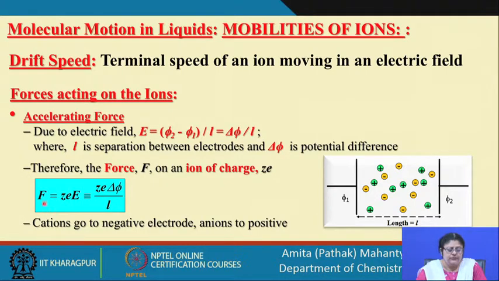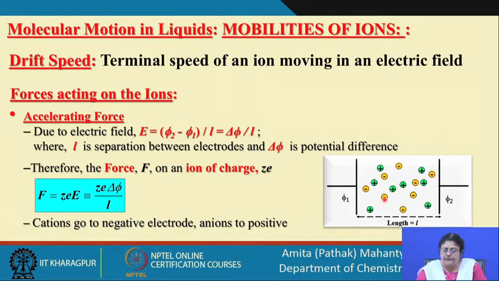That will be equal to the force existing on the charged particle, that is the ion, when it is subjected to an accelerating force generated due to the gradient in potential. And that can be represented by something like this.